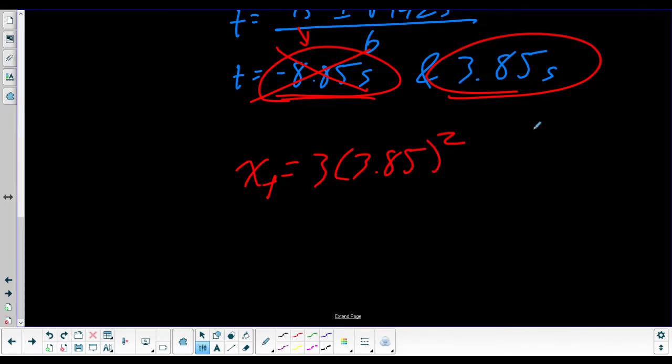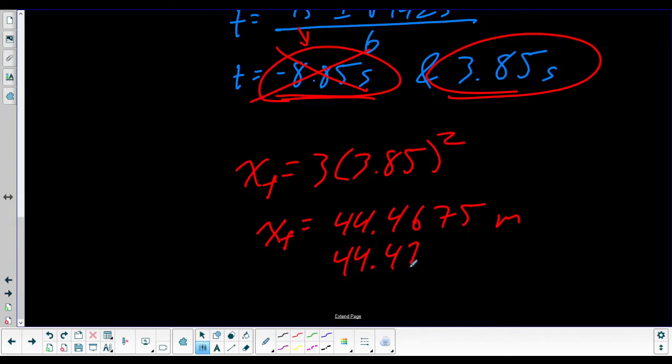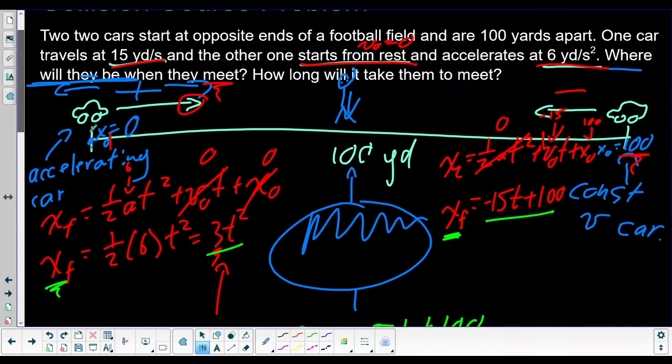And we get x final equals 44.4675 meters. We could round this to 44.47 meters.